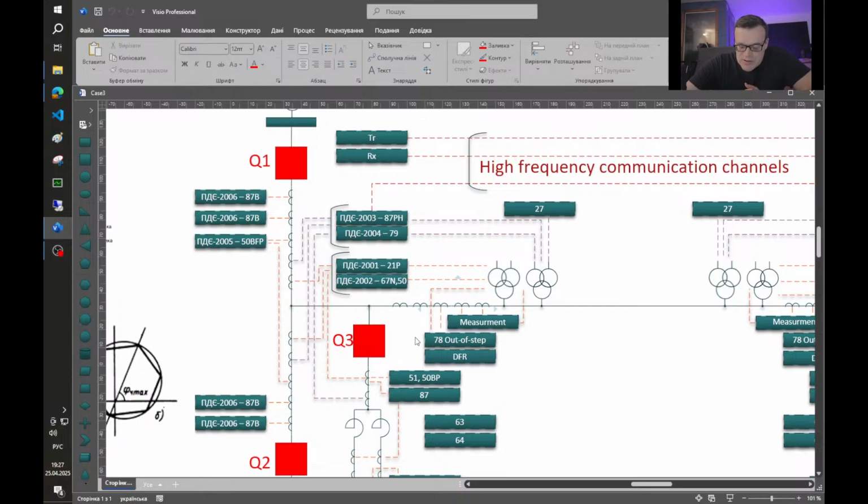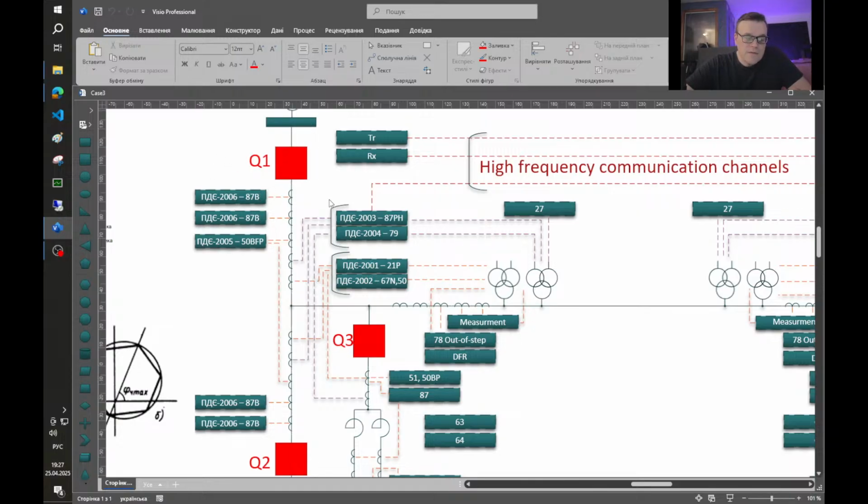Auto-step protection sends this signal, overvoltage protection sends this signal, and the last one is the neutral overcurrent protection, the fourth stage, usually used in combination with pole discrepancy protection of the circuit breaker.